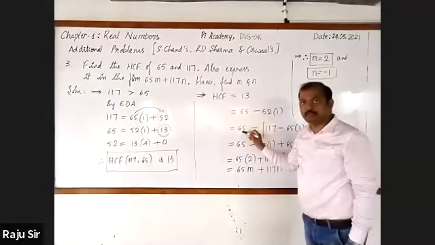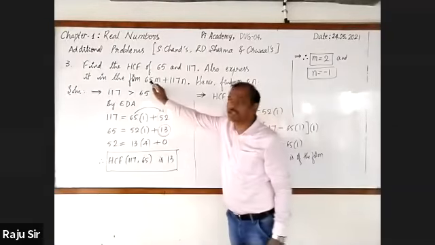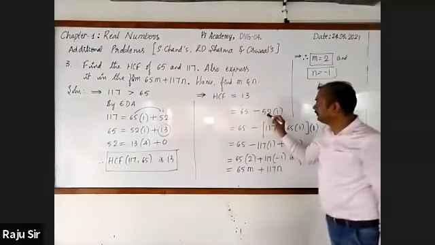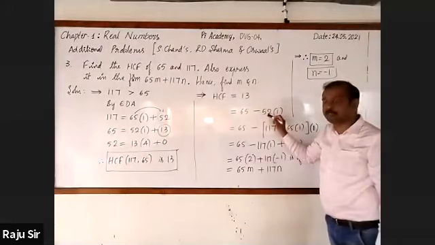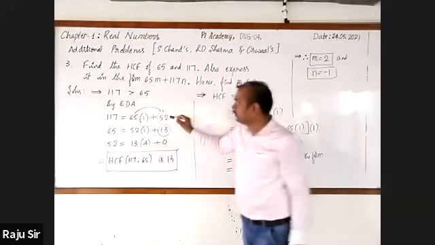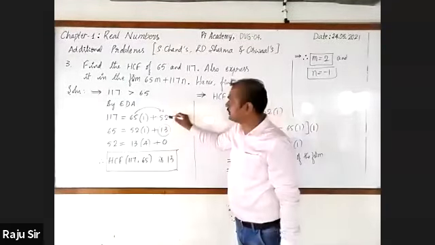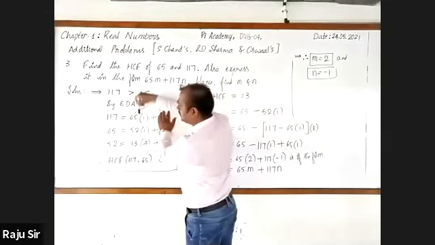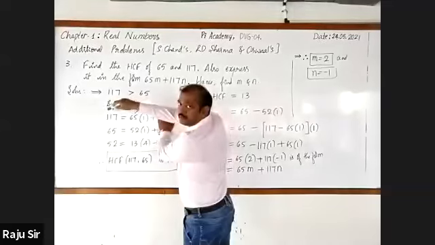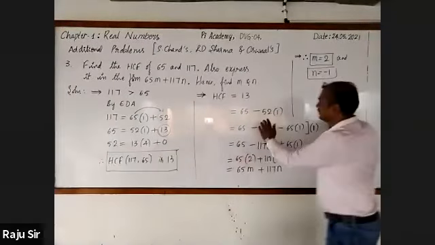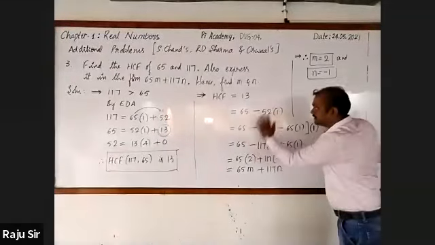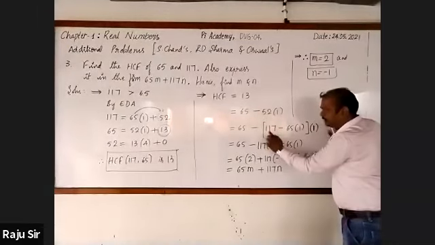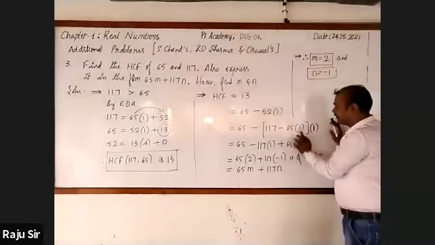Next 65 should be written as it is because it is already there. Then we want substitution for 52. And 52 as a remainder, it is in the first step. Solve that. 52 is equal to 170 minus 65 one time. So here minus sign as it is. In place of 52, we have written 170 minus 65 one time.